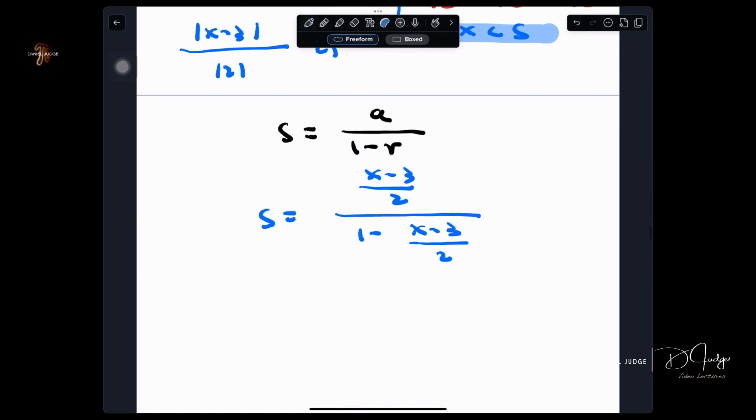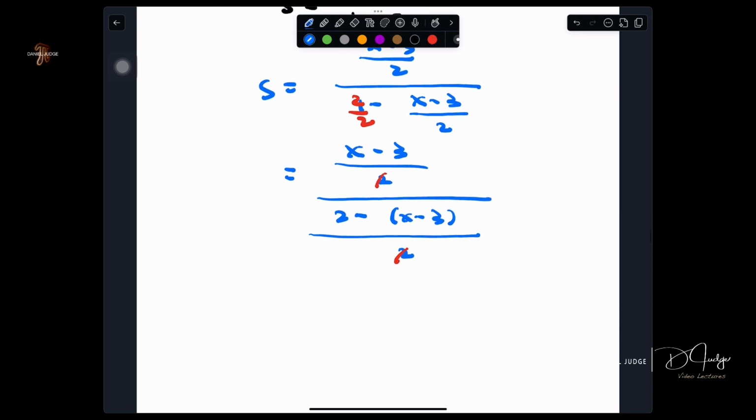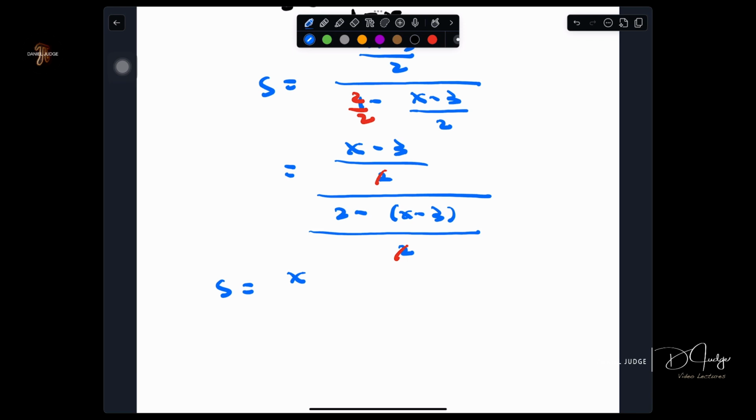Still a little algebra here. x minus 3 over 2 over 2 minus (x minus 3), everything over 2. The 2's cancel. The sum is x minus 3 over 2 minus x plus 3, because we're going to distribute that negative sign.